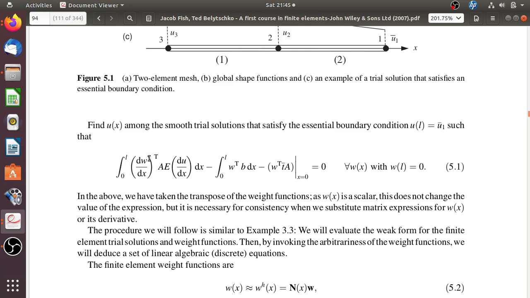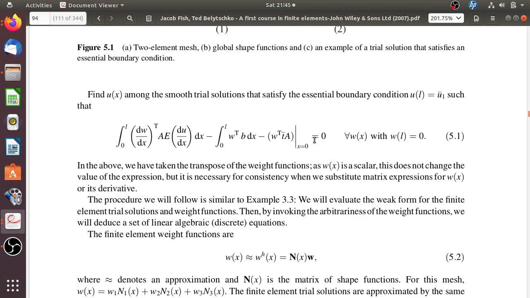The derivative of w with respect to x is also a function, okay, and the transpose of that function will once again give the same function. So therefore it doesn't matter whether we put transpose here or not. It's not going to change the meaning of this equation, right? Nevertheless, we put this one because later it will be useful, okay.